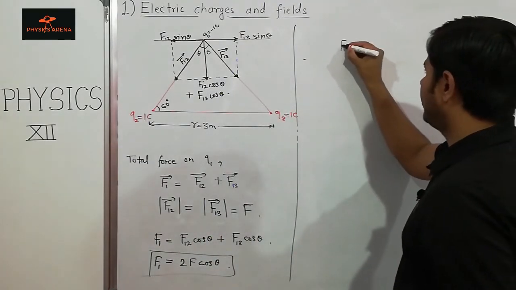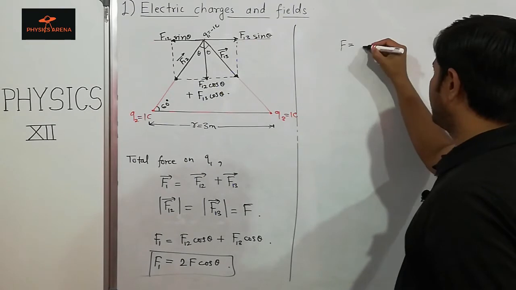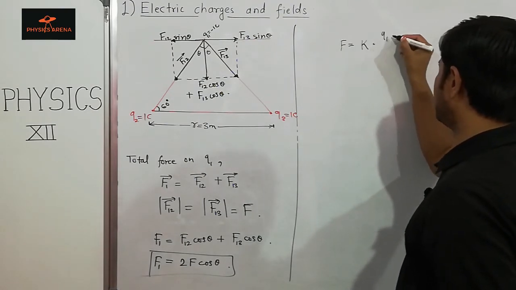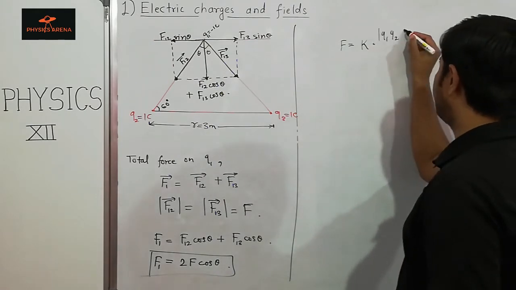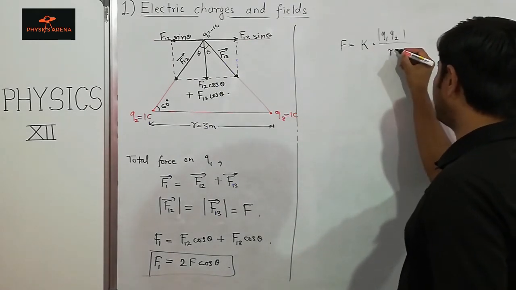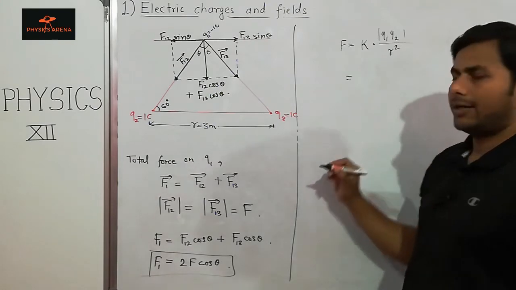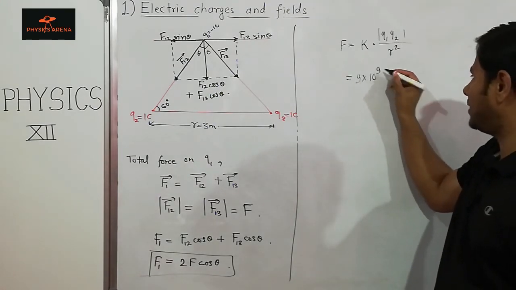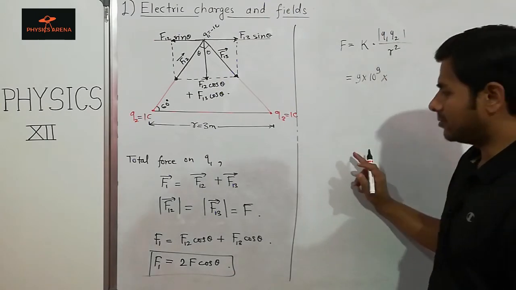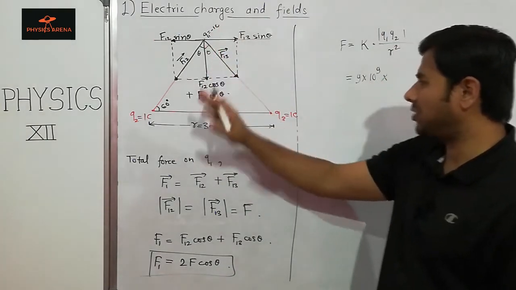So F will be equal to K into Q1 Q2, we are taking just magnitude, divided by R squared. And we know that K is equal to 9 multiplied by 10 raised to 9. Q1 and Q2 have magnitude equal to 1.